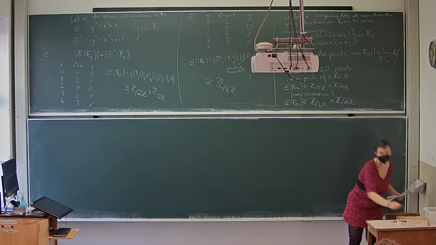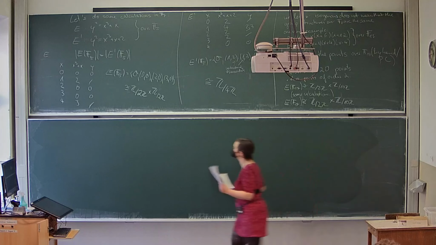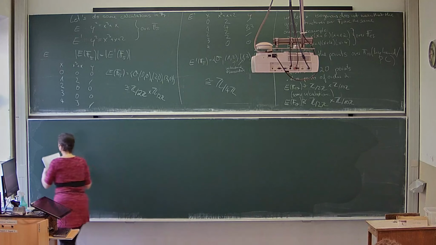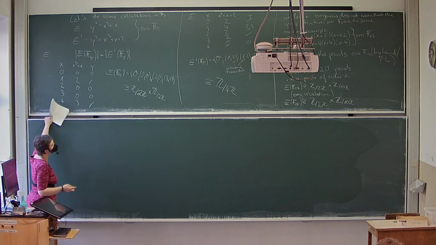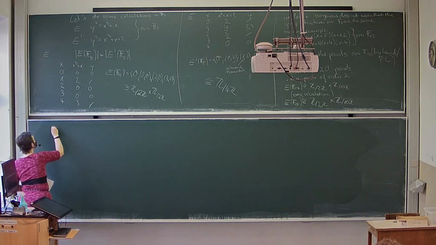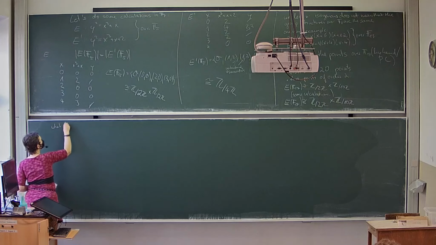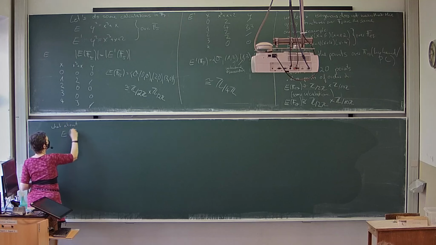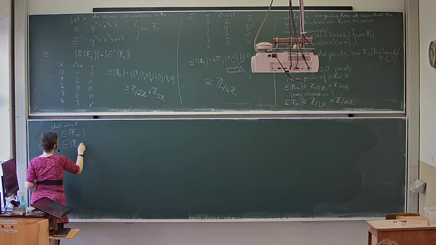So we can continue with some calculations with these curves and F17. What about E of F17 squared and E prime of F17 squared?